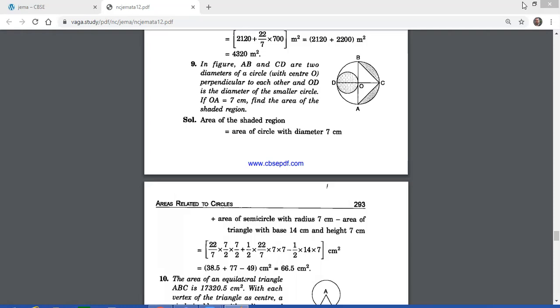So that is 28 plus 38.5. So here we get 28, right? So here we calculate this 7 is getting cancelled. This is 11. So 77 minus 49, that is 28. So 28 and 38.5 we get 66.5. So total shaded region will get 66.5.